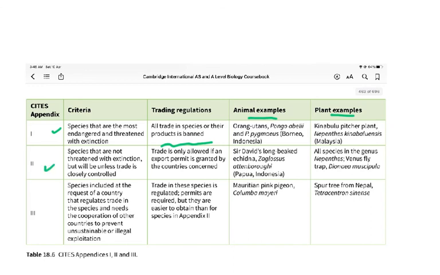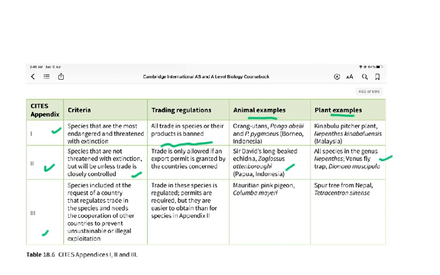The second one, Appendix 2 criteria: species that are not threatened with extinction but will be unless trade is closely controlled. Trade is only allowed if an export permit is granted by the countries concerned. Examples are Sir David's long-beaked echidna and zoglossus, all species of the genus Nepenthes, and the Venus flytrap as well.